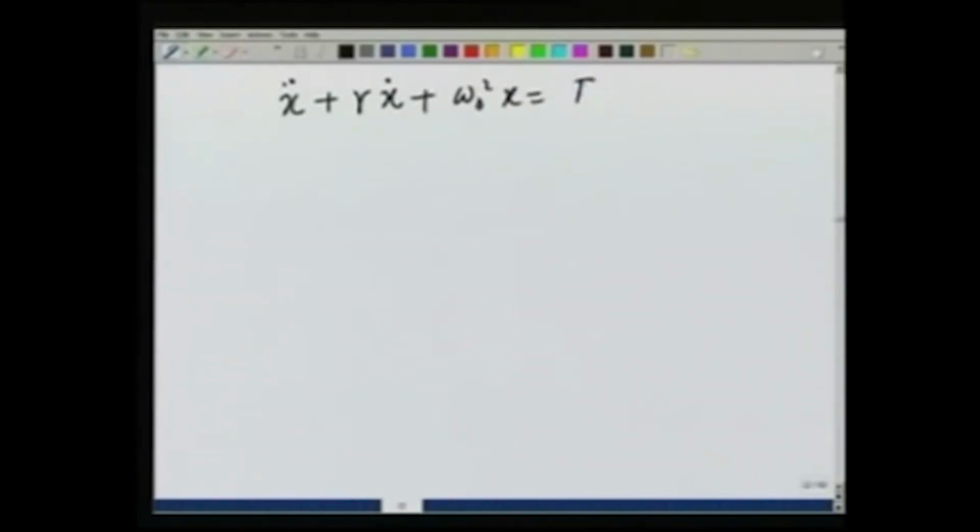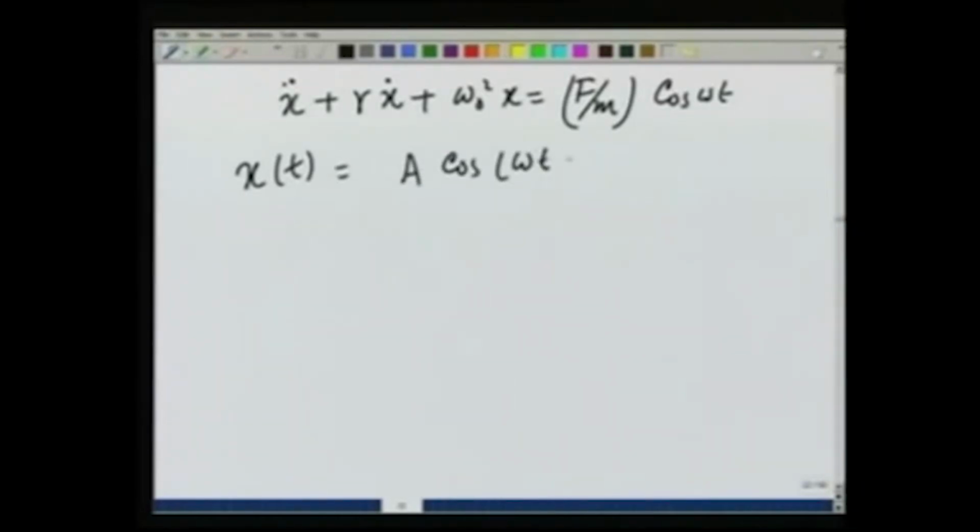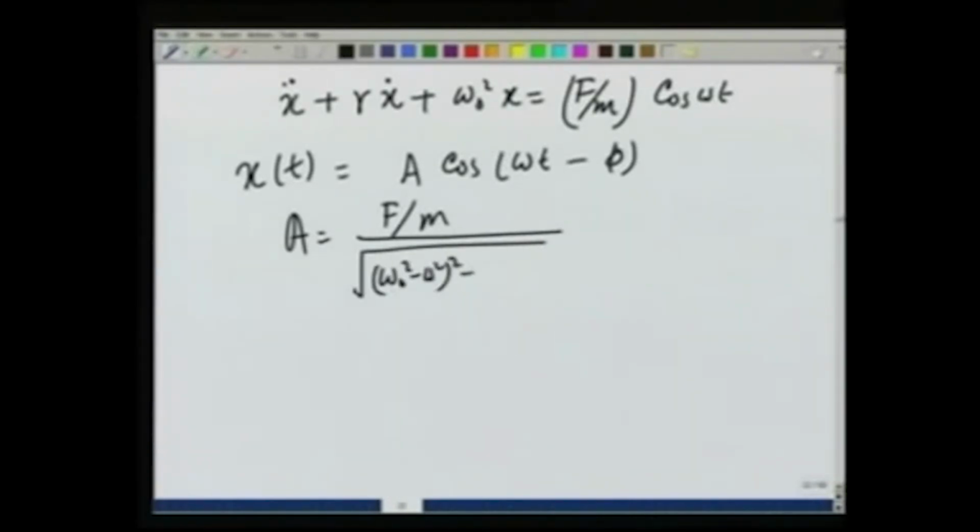So, when I solve for x double dot plus gamma x dot plus omega 0 square x equals F over m cosine of omega t, I get a solution x(t) equal to amplitude times cosine of omega t minus phi, where the amplitude is F divided by m over the square root of (omega 0 square minus omega square) square plus gamma square omega square, and tangent phi is equal to gamma omega over (omega 0 square minus omega square).